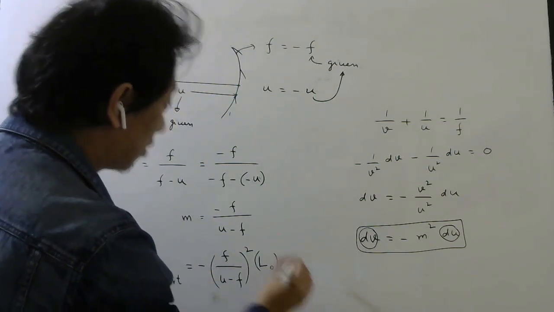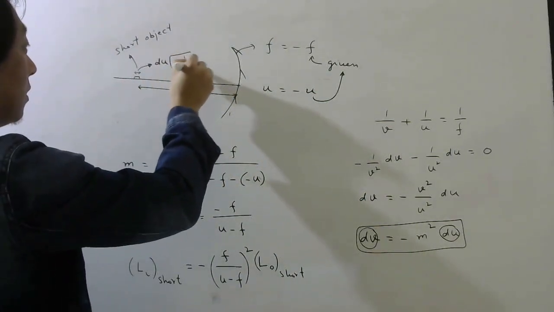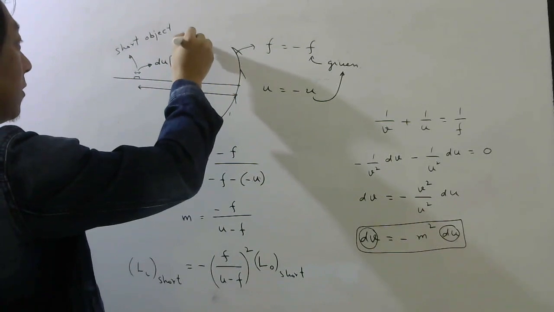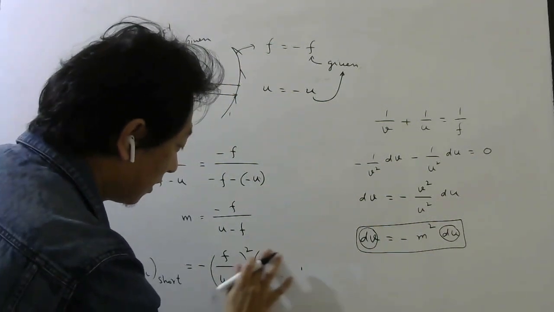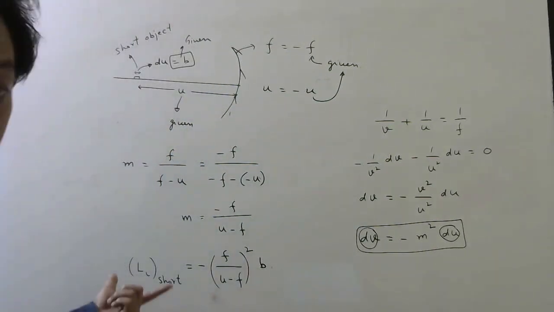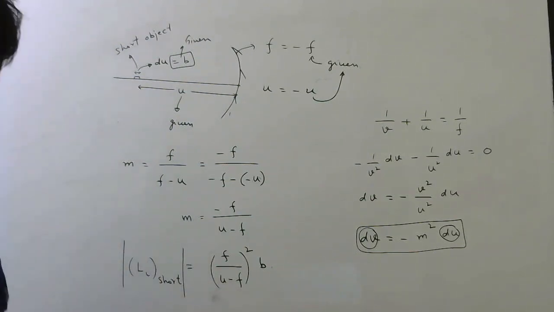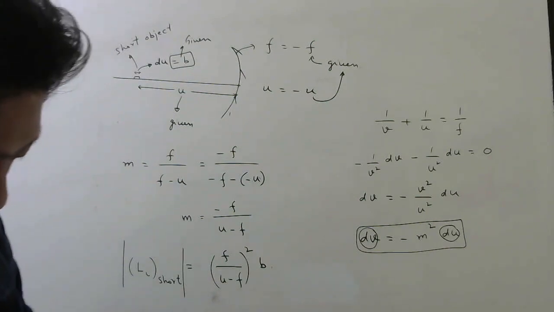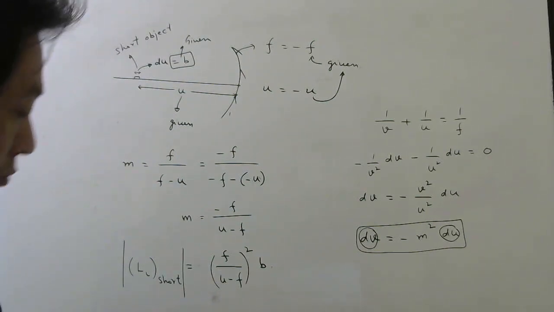Now what was the length of the short object they told in the question? B they have given. This is given. Right? So just mention here as B. Now since they want only length, you can take the modulus. So then the minus sign will go out. Okay? So what will be the answer? F by u minus f whole square into B. Option D.